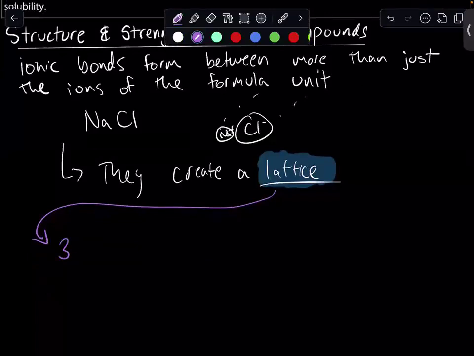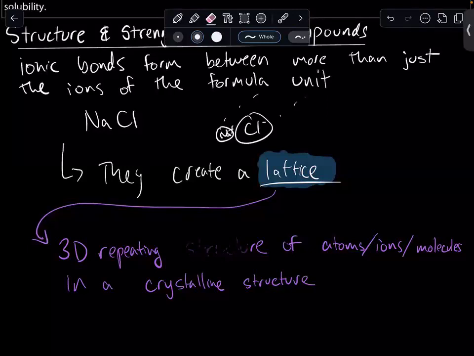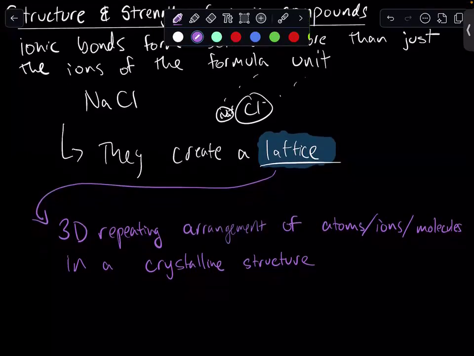That is a 3D repeating arrangement of atoms, ions, or molecules in a crystalline structure.